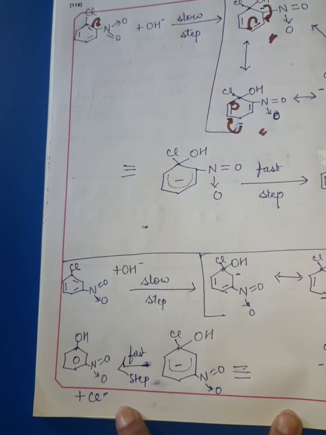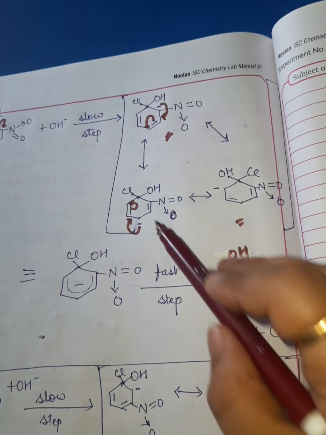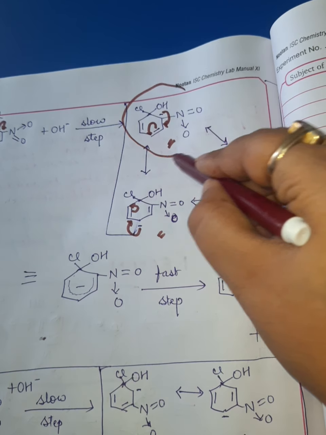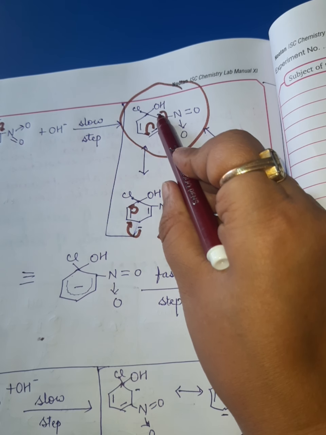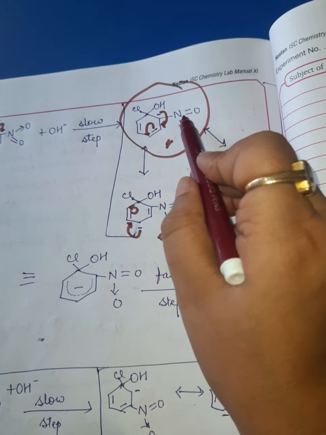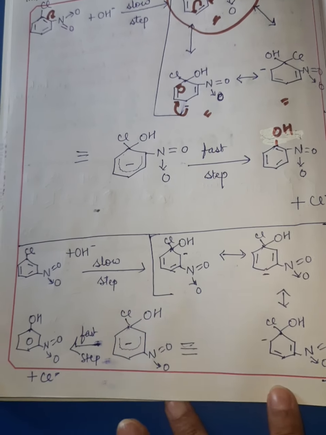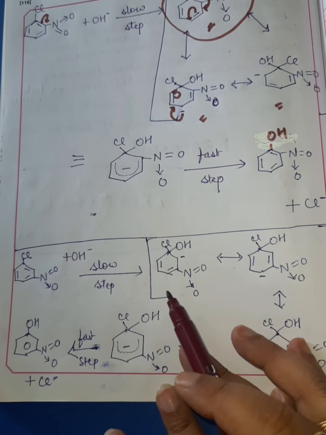Before we see this, in this resonating structure of the carbanion, here also you find one structure. See this structure where the negative charge is at the carbon connected to the nitro group. Now keeping this in mind, look at the mechanism of the nucleophilic substitution of meta-nitrochlorobenzene.